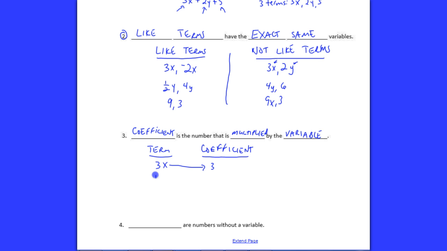For the term 1/2 y, what's the number that's multiplying the y? It's 1/2. It can be negative 8. Say I had the term negative 8xy like that. You're going to see that one of these days. The coefficient of that is negative 8. Simply put, the coefficient is the number that's multiplied by the variable.